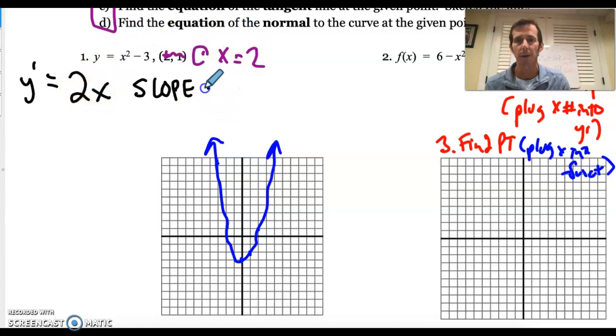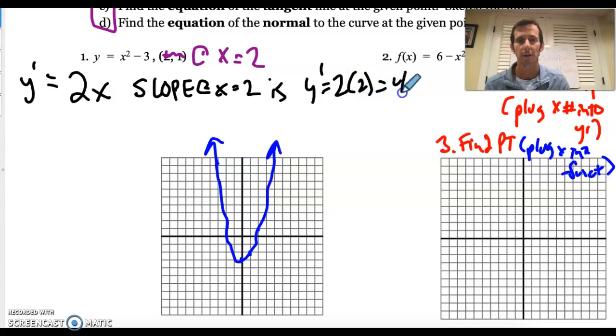So the slope at x equals 2 is 2 times 2, which is 4. So my slope is 4. So now I know the slope is 4. I'm going to put a box around this, and I'm going to be crazy and call that, I'll write slope up here, but I might also put a little m right here because the slope is often represented by m.